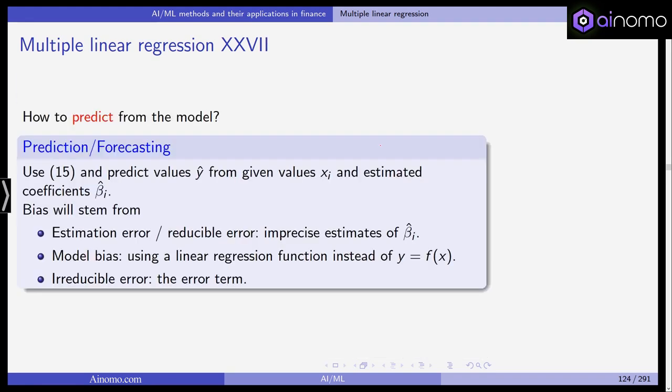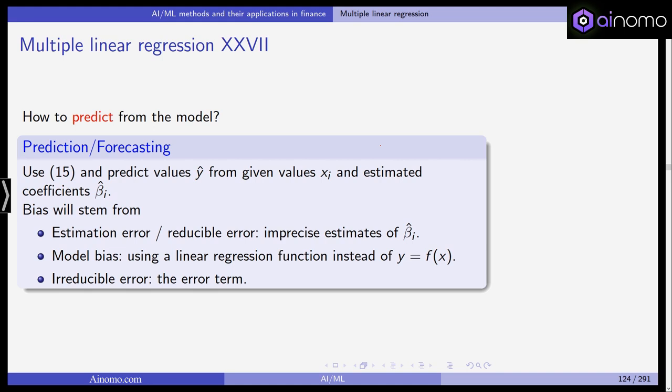Now, after having fitted our model and after having estimated the coefficients beta 0, beta 1, beta 2, etc., we want to predict values. We want to forecast. Now, how to do this? Very simple. We take equation 15, which said that we can take the coefficient estimates, enter the values for x1, x2, x3, and so on, and then we get a prediction, a forecasted value for y hat.